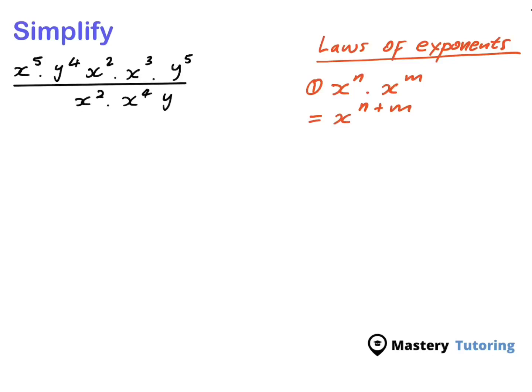The second law of exponents says that if you divide two numbers that have the same base, you simply get the difference between the exponents. So you subtract the exponent of the denominator from the exponent of the numerator. In mathematical form, it's as given.